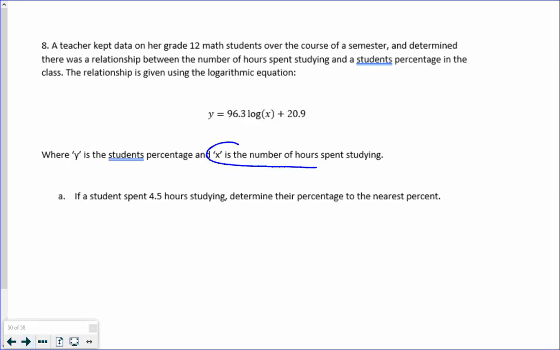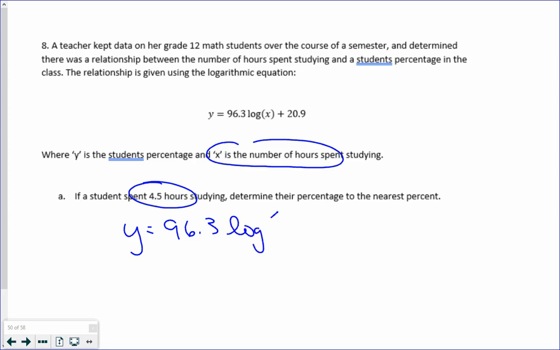So X is hours. They spend 4.5 hours. So I'm just going to plug that in. Now notice there's no base with the log. What do you assume when there's no base with the log? You assume it's 10.